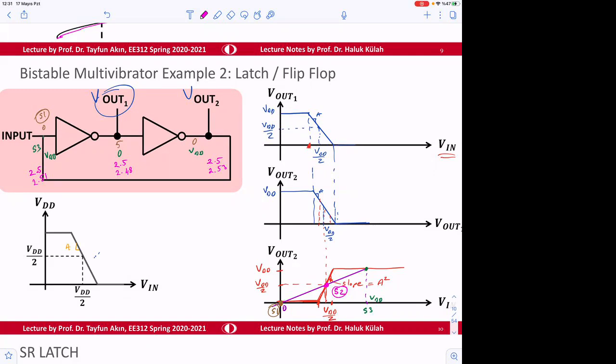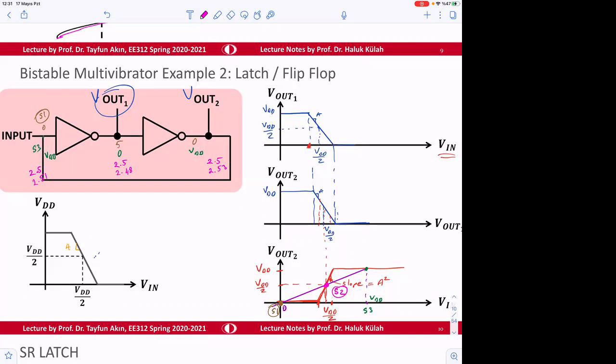So we can call this a bistable multivibrator. Again, we have 2 stable and 1 unstable state.